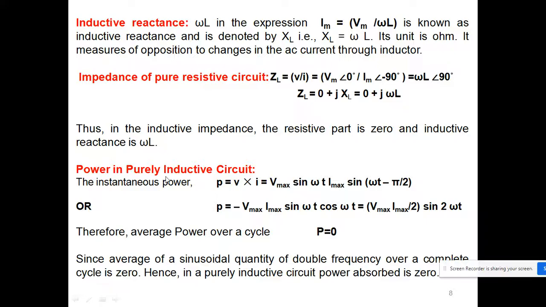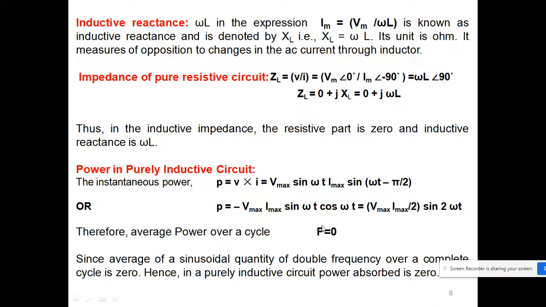Now we will calculate the power in a purely inductive circuit. So we put this value again and then solve. We open this because it is sine omega t and pi by 2, so you will write sine omega t and cos pi by 2, so that term becomes equal to 0, and then minus cos omega t and sine pi by 2, so sine pi by 2 is equal to 1, so this term becomes minus this one.